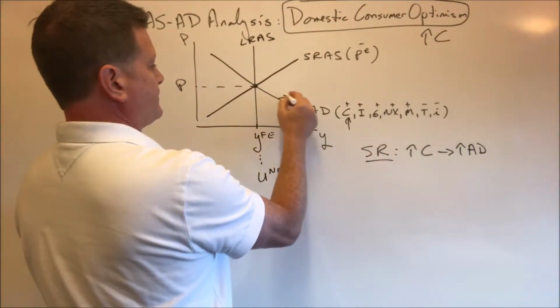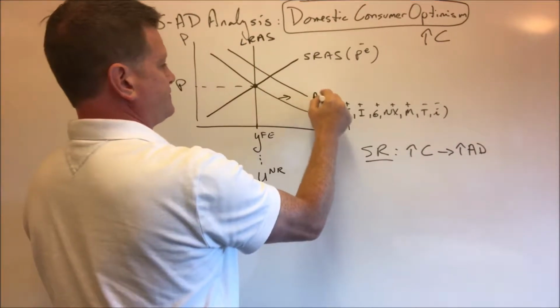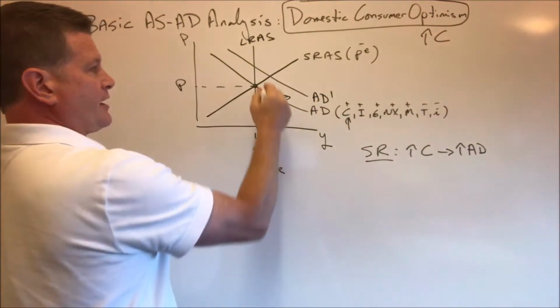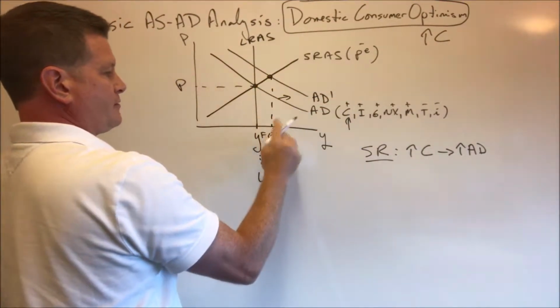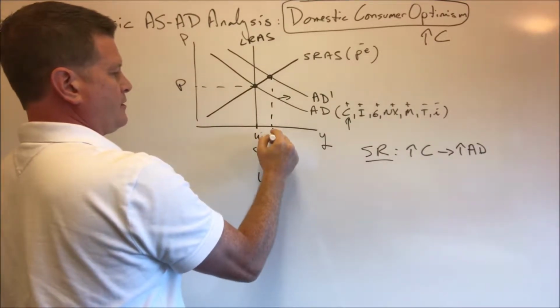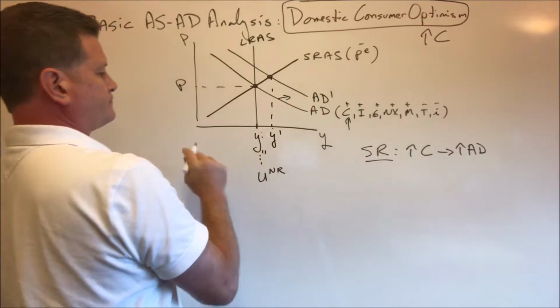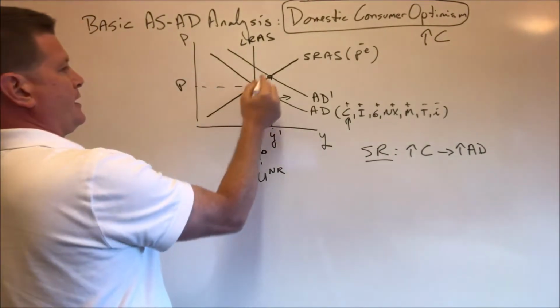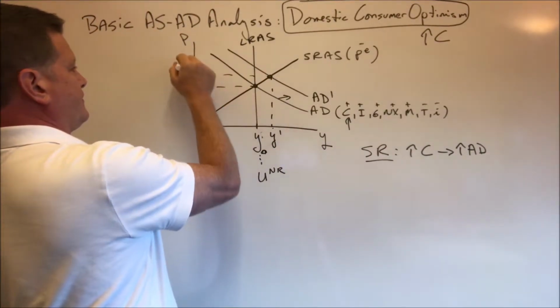Right through here, aggregate demand increases. We now need to label this temporary result right here. And price level increased a little bit.